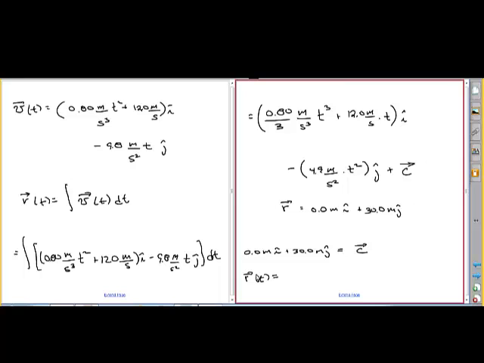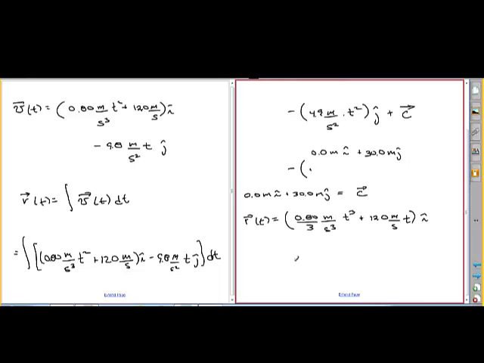So my displacement vector, as a function of time, ends up being 0.80 divided by 3 meters per second cubed, t cubed, plus 12.0 meters per second t, whole thing times i hat, minus 4.9 meters per second squared t squared, but I'm going to put the minus sign with that.